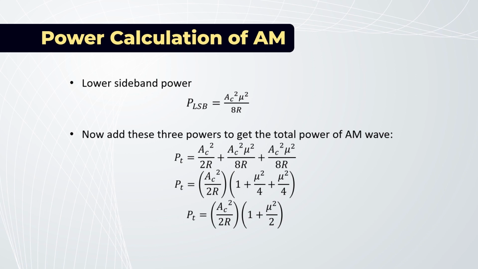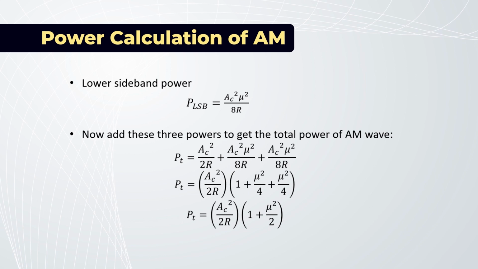Then the total power PT can also be written by taking Ac²/2R as common. So, PT is equal to Ac²/2R multiplied by (1 + μ²/4 + μ²/4), or it can also be written as PT is equal to Ac²/2R multiplied by (1 + μ²/2).